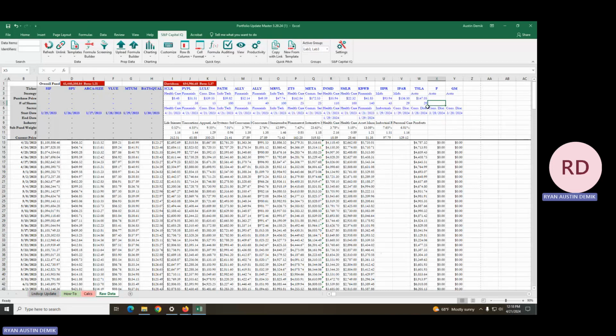So, let's say, what's Ford's? Ford is currently trading at $12.14. And again, this isn't going to be the most accurate because this is what they're trading at right now, and we're saying that we bought them in March.